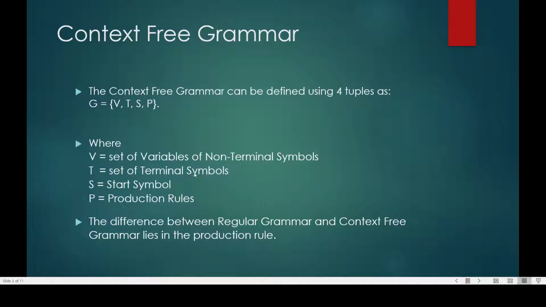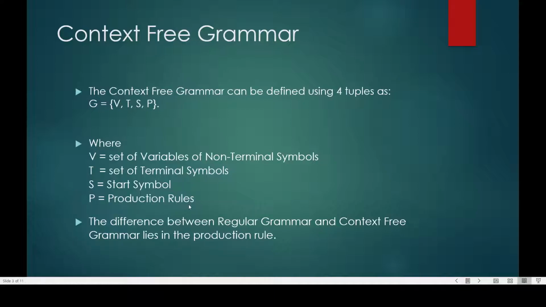T is the set of terminal symbols, which can be small a, small b, c, and so on, 0, 1, etc. S is the start symbol from which the production rules start, from which our grammar starts. It can be denoted with some other letter also, but as convention we use S only.